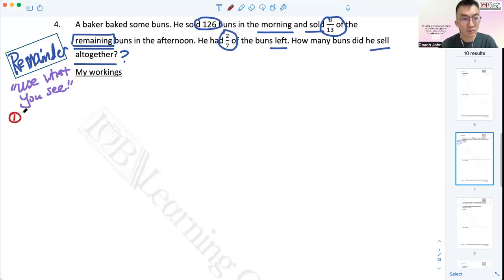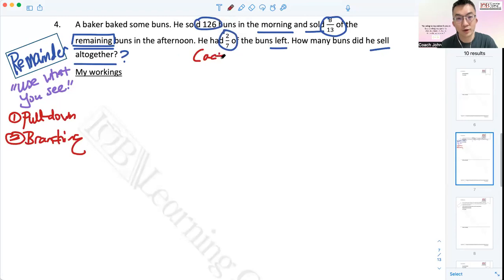One will be pull down. The other one is branching. So how do you know when to use which one? In this case, because there is an actual fraction at the back, you need to use branching.